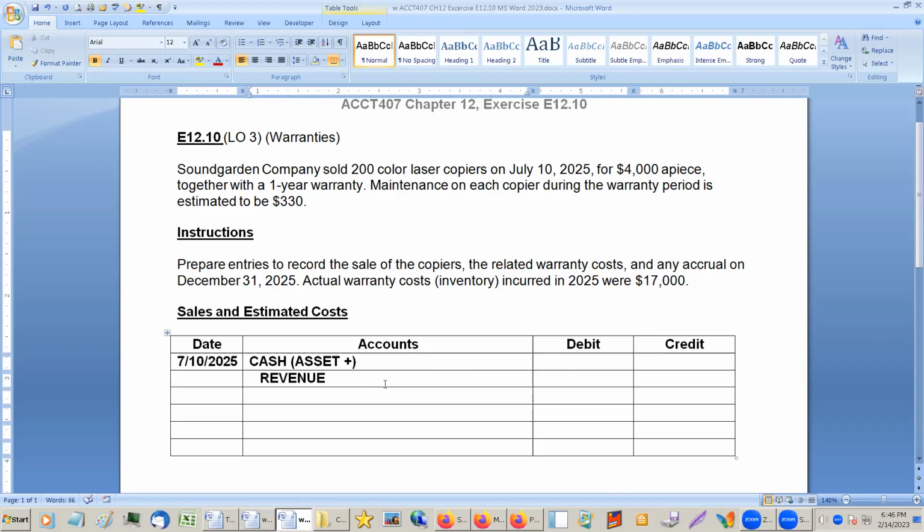And what's 200 times 4,000? 800,000? Yeah, 4 times 200, yep, 800,000. So they sold 800,000 of these copiers.